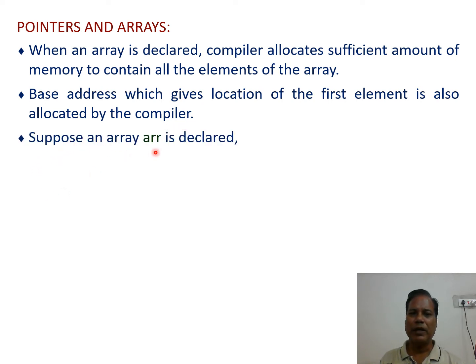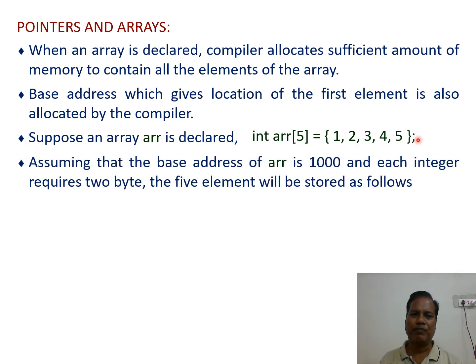Suppose an array R is declared using this statement, int R[5], that can store 5 integer data, and that is initialized by writing in open and close braces 1, 2, up to 5, and at the end a semicolon.